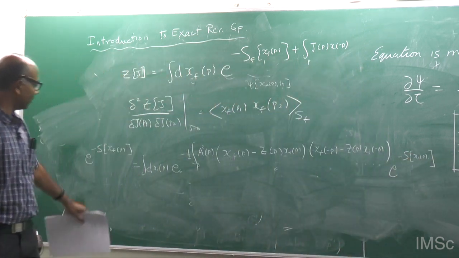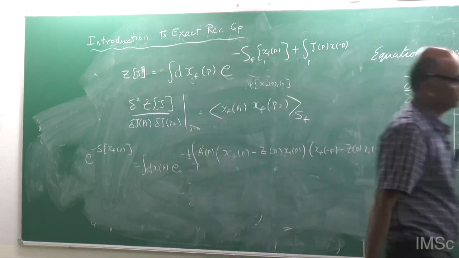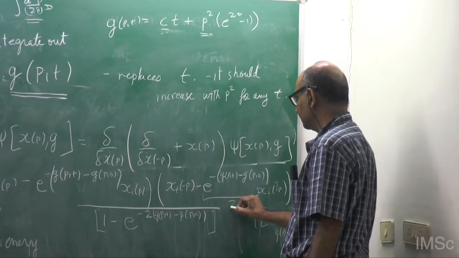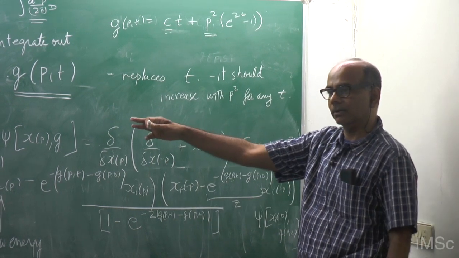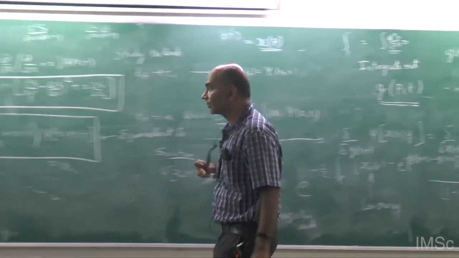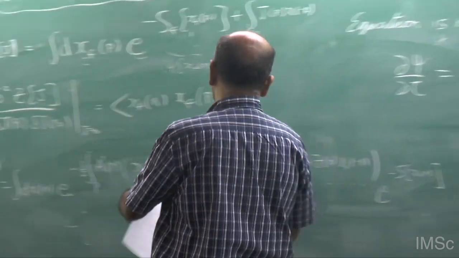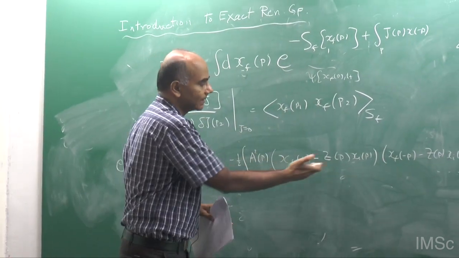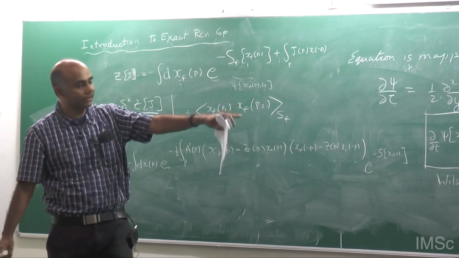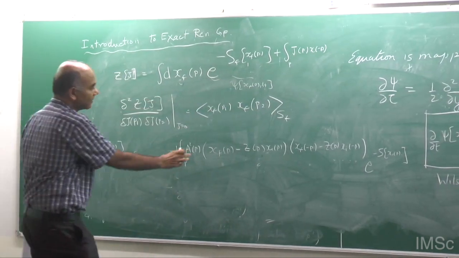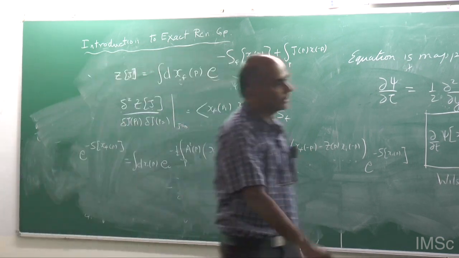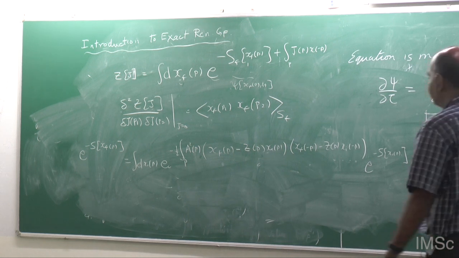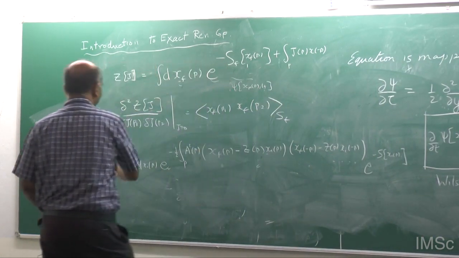What I've done is I've just rewritten this solution, calling this thing z and the coefficient below a, 1 over a. This is the general form of the solution. It's some Gaussian in xf minus z xi with some factor. This factor is e to the power of some factor multiplied by something, the denominator, which I'm calling that. Remember that all these are functions of p. So this is what your Sxf is.